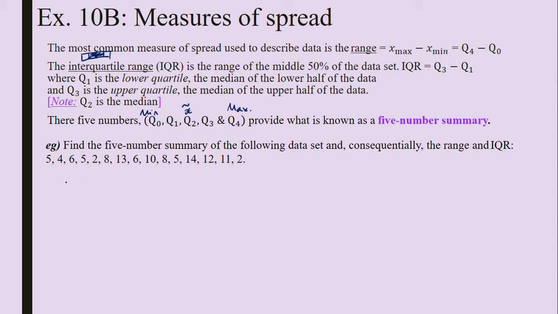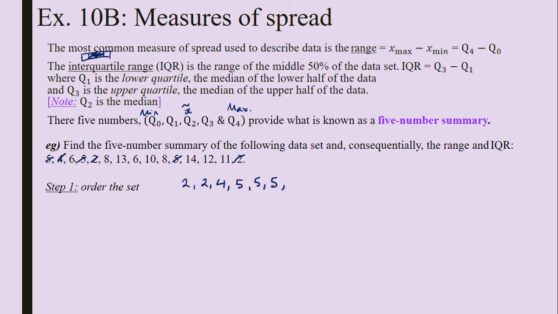So your first step when doing this should be to order the data. Starting from the smallest number, we have the number 2, which appears twice. Okay, there are no 3s in the data. We have 4s, and there's only one of them. The number 5 appears 1, 2, 3 times, so I'm going to write 5 3 times.